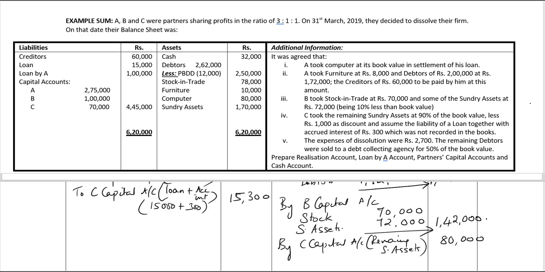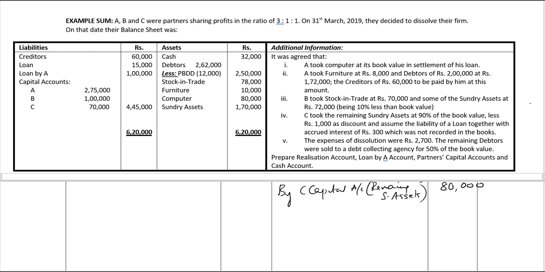Last point, the expenses of dissolution were 2,700 rupees. Borne by firm, paid by firm to cash account. 2,700 rupees. The remaining debtors were sold to a debt collection agency for 50% of the book value. So by cash for debtors realized. First, let's get the book value of the remaining debtors.